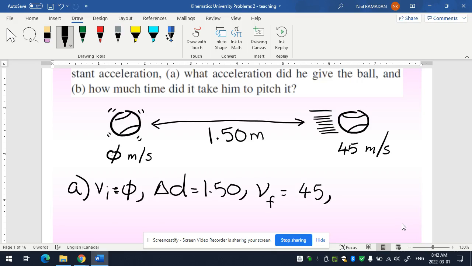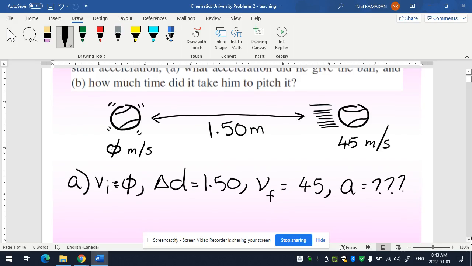What's the question asking for, acceleration or time? Acceleration. So a is the question mark. What's missing from this list? Time. Which equation does not care for time? Number 5, the one without the arrows when you square the vectors.